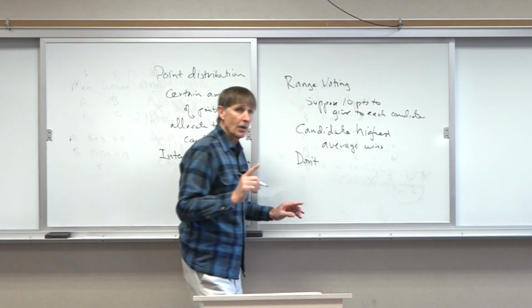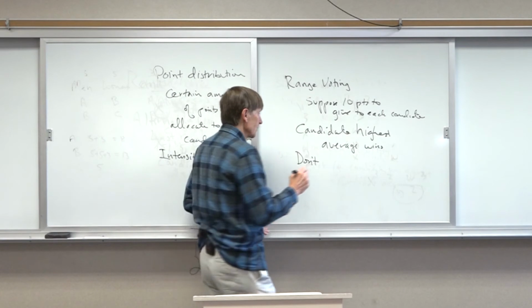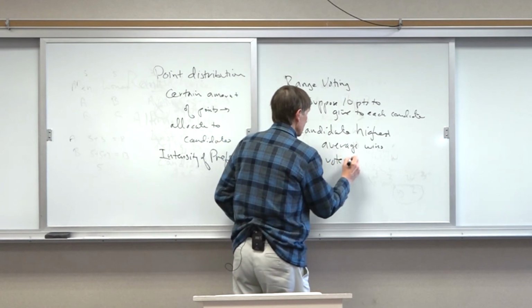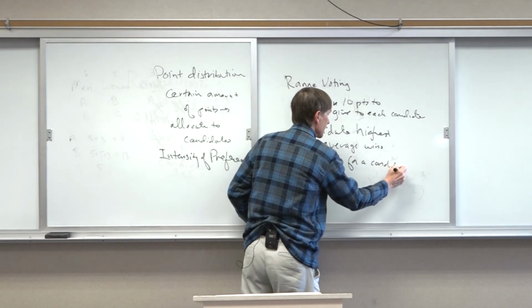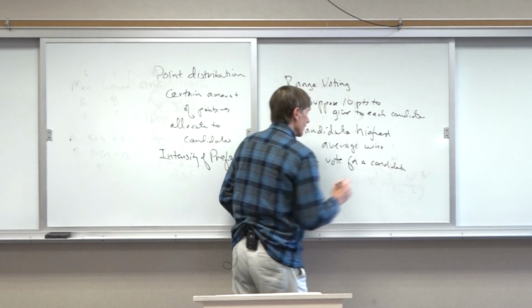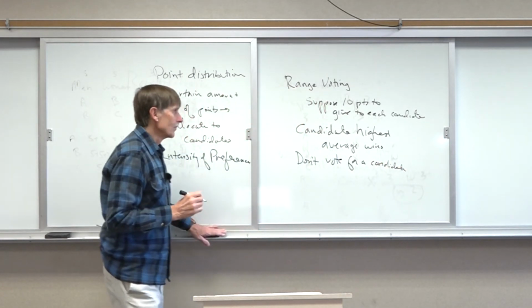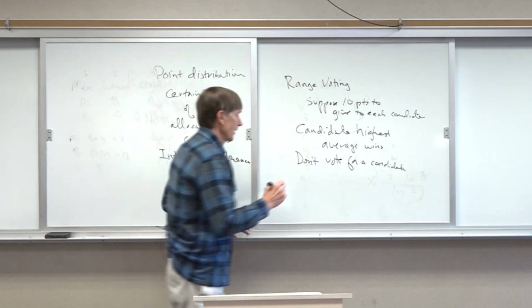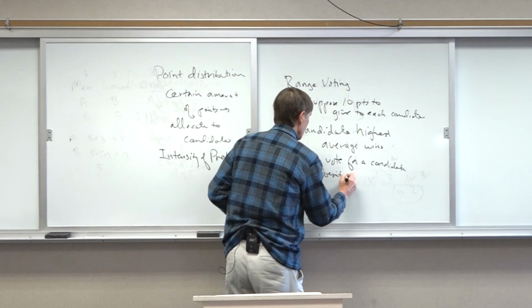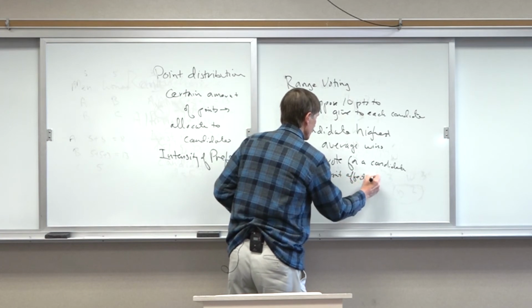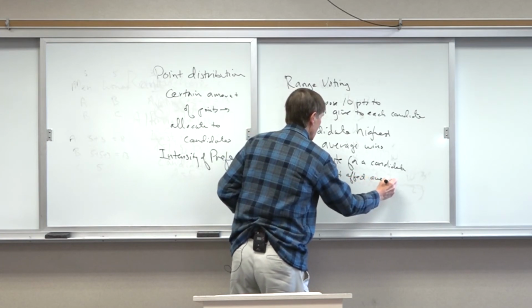If you gave them a 0, then it would. But if you don't vote for a candidate, that is, if you don't assign a number to that candidate, then it doesn't affect their average.